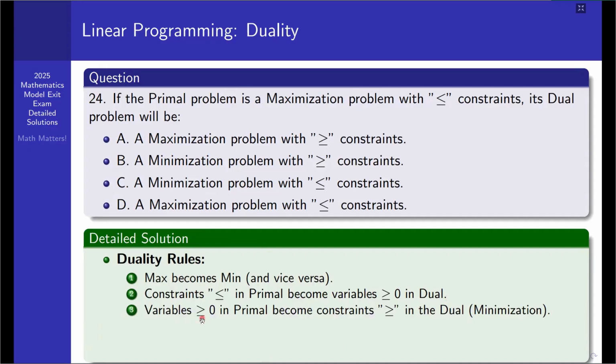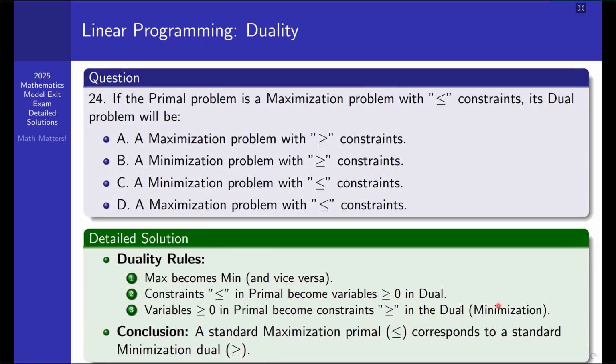And the third one, variables greater than or equal to 0 in primal become constraints greater than or equal to in the dual, that is minimization. So the conclusion is that a standard maximization primal, which is less than or equal to, corresponds to a standard minimization dual, greater than or equal to.